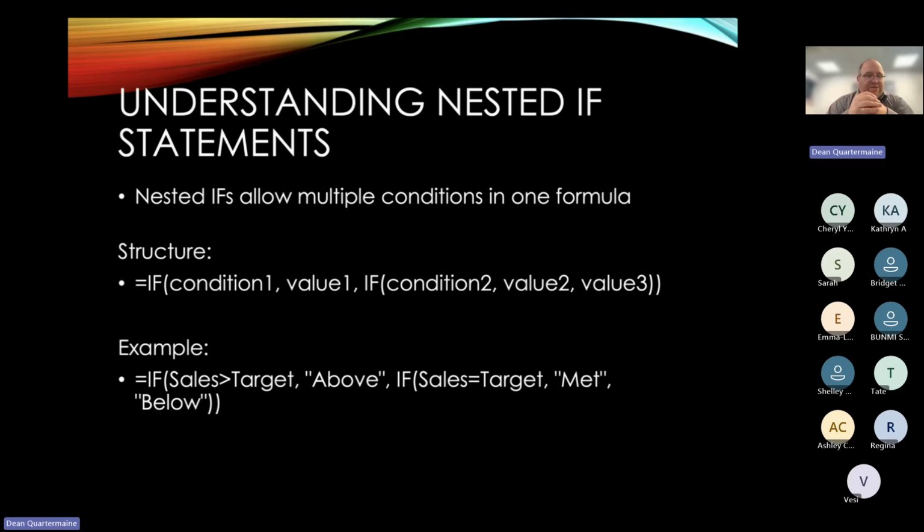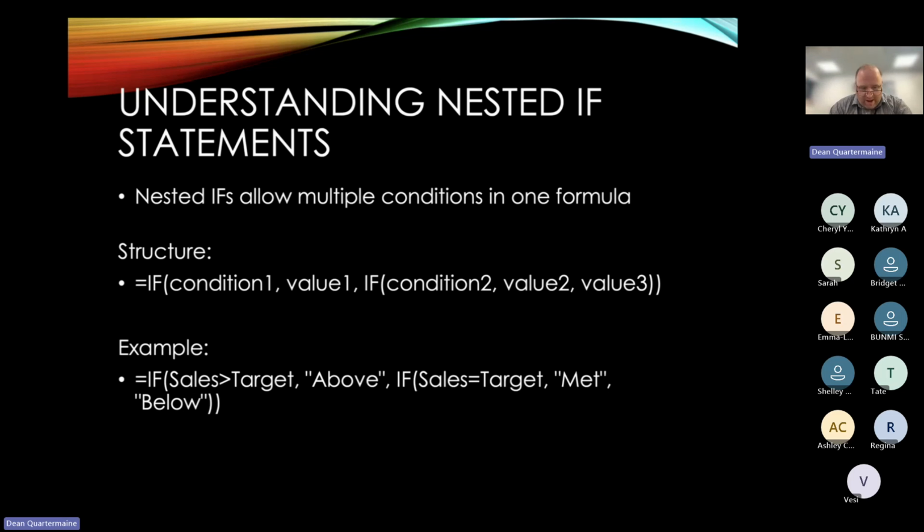Now, all the nested if statement says is, if something's true, we do something. If something's false, then we run another test to say, well, is something else true or false? If that's true, we do something. Otherwise, if it's false, we do something else.